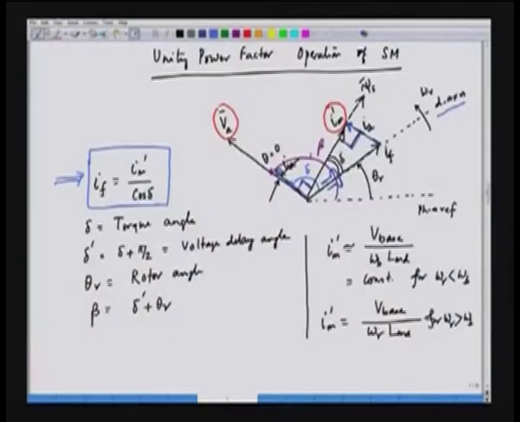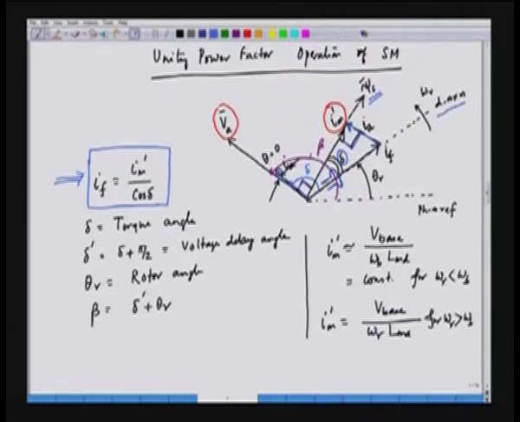Delta is the angle between the D axis and the stator flux. The stator flux linkage is along the magnetization current direction. The angle between the stator flux linkage and the d axis is the torque angle.